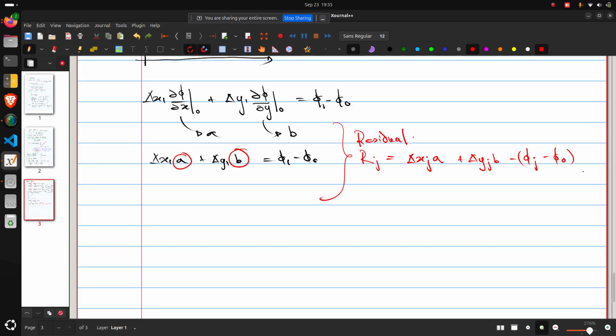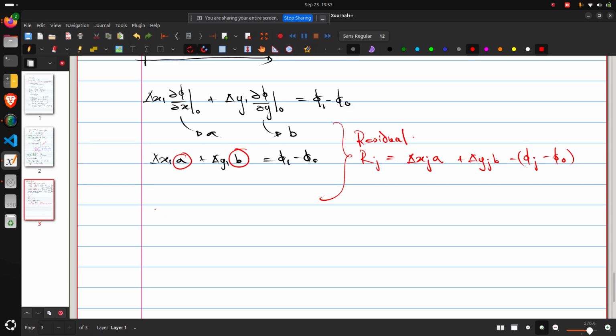Okay. So, for each of the m equations, we will have m residuals, and we want the residuals to go to a minimum value for our unknown values of A and B, right. So, what can we write for the total residual?